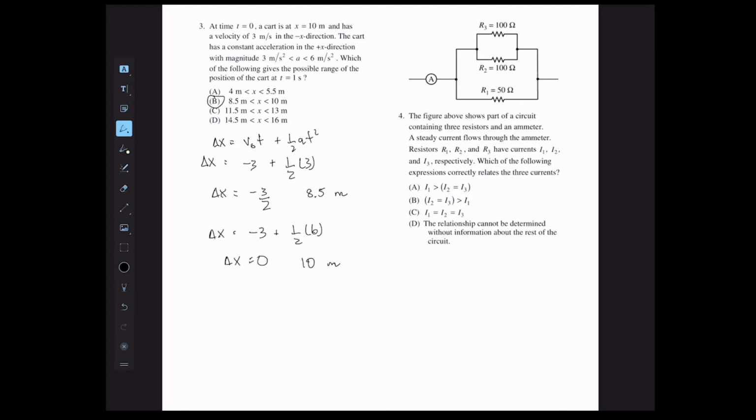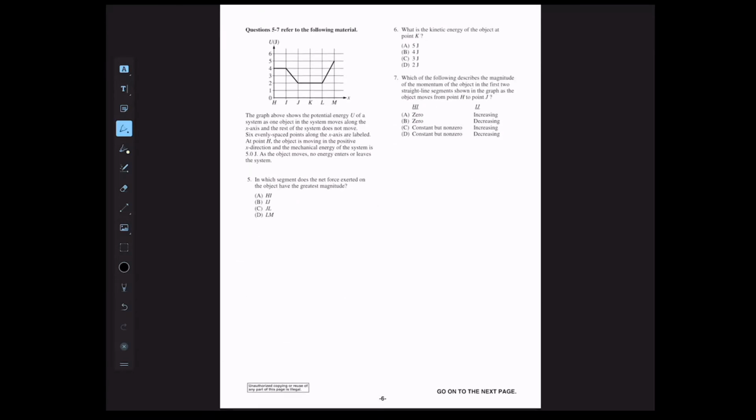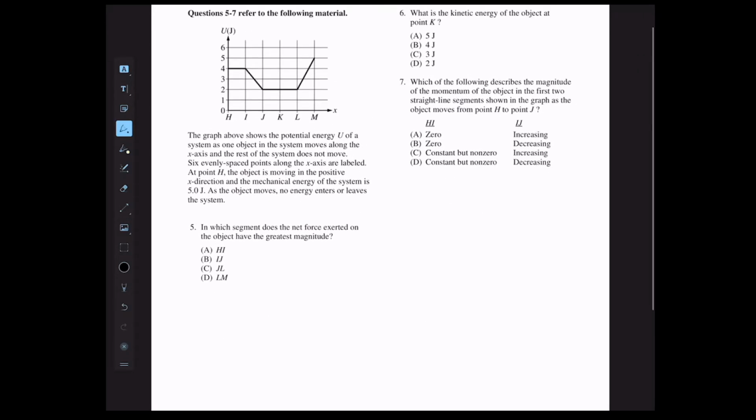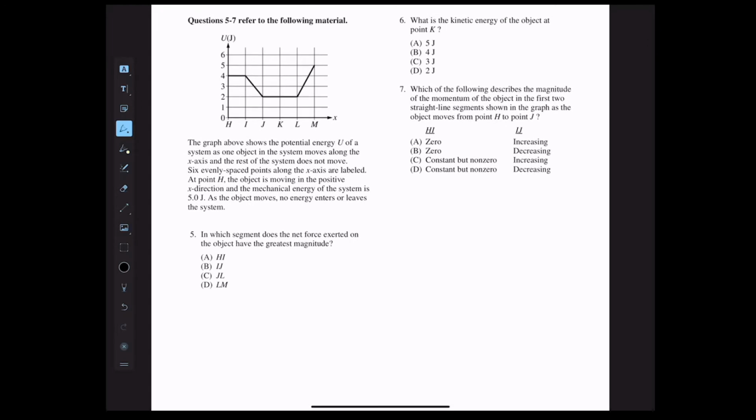So we're going to skip 4 because it's a circuit problem. And then let's move on to 5. Okay, so this is a graph of potential energy. At point H, the object is moving, and the mechanical energy is 5.